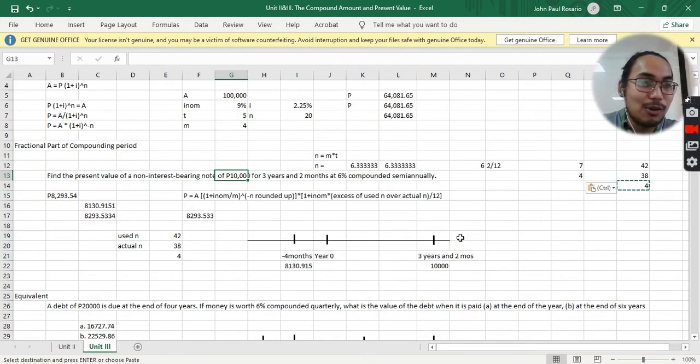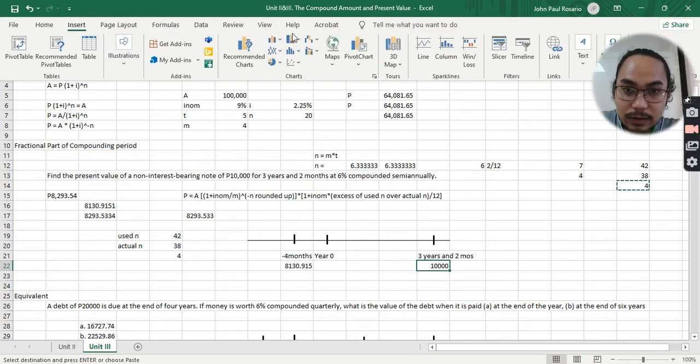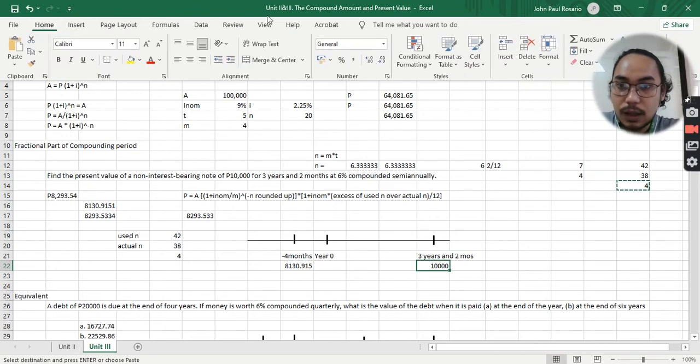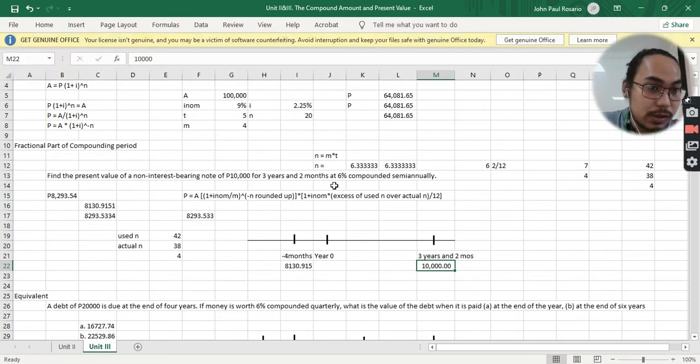That's why it's called a timeline. We were told that our non-interest bearing note will have a maturity value, or a compound amount, or a future value of 10,000 pesos. So that is our expected value 3 years and 2 months from the date of the note.